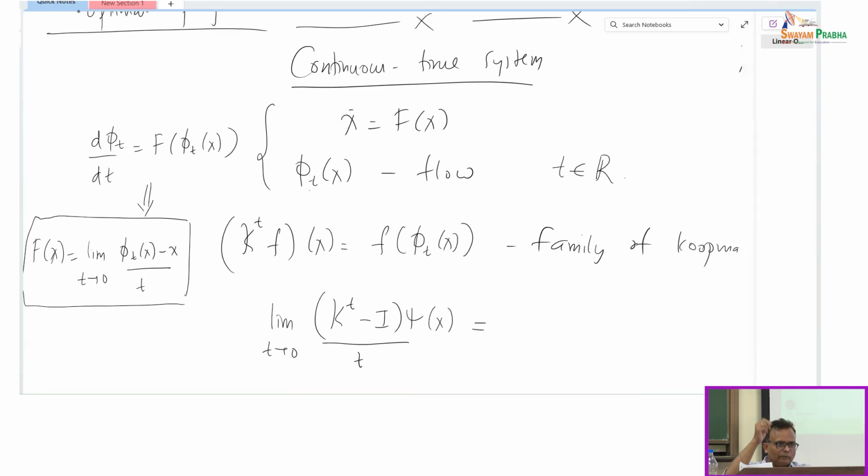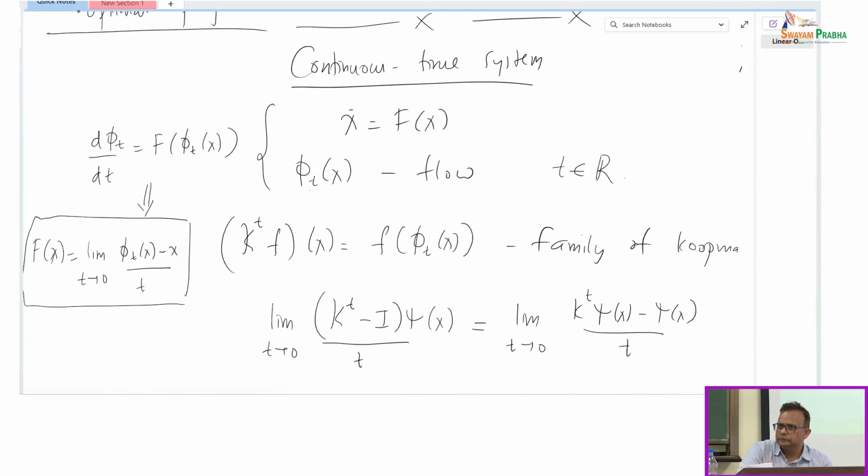This is basically the limit as t goes to 0 of kappa t psi of x minus psi of x, divided by t, right? So just like f of x is a generator for phi t, what we are trying to find is the generator of kappa t. Make sense? What is the generator of kappa t?